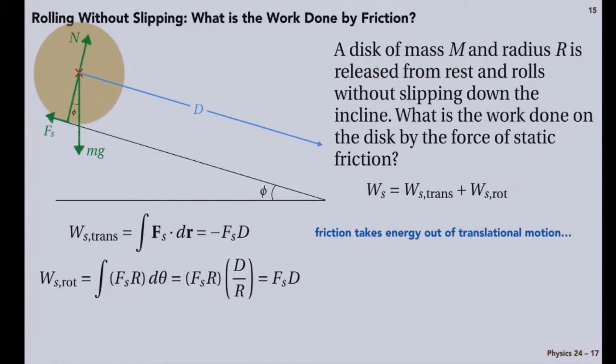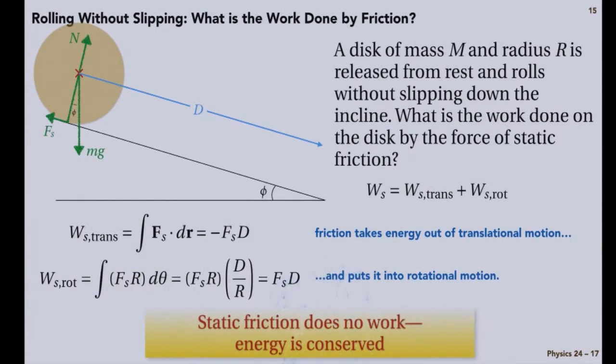So we add them up, and we get no change. So static friction is just slowing down the translation, so it throws some of the energy into rotation. Exactly. And there was much rejoicing.